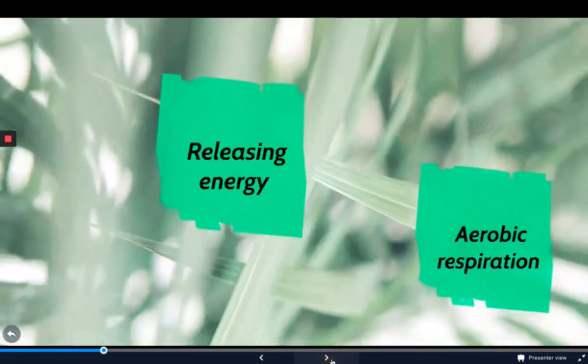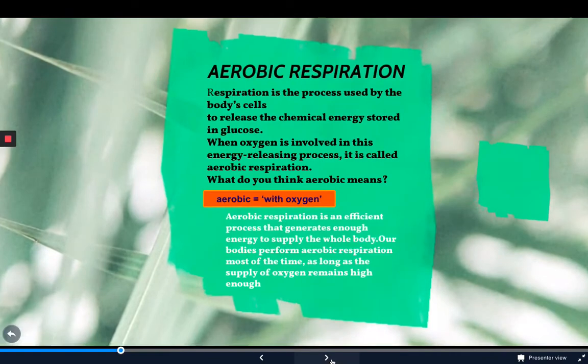Alright, so aerobic respiration. Respiration is the process used by the body's cells to release the chemical energy stored in glucose. When oxygen is involved in this energy releasing process, it is called aerobic respiration. What do you think aerobic means? Aerobic means with oxygen.